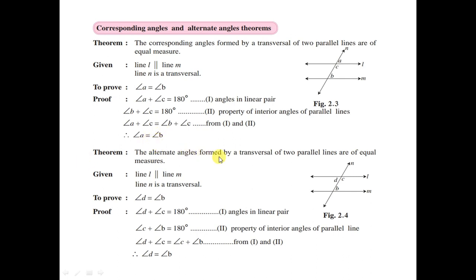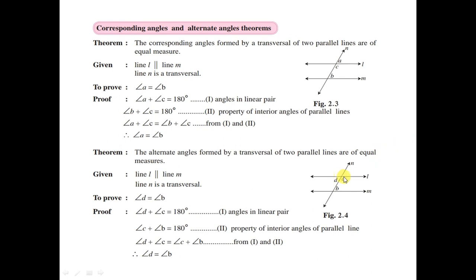Then the theorem: the alternate angles formed by a transversal of two parallel lines are of equal measures. Given line L is parallel to line M and line N is a transversal. Same thing, I have to prove that alternate angles are congruent, so I have to prove that angle D is congruent to angle B. Again, angle D plus angle C form a linear pair equal to 180 degrees.